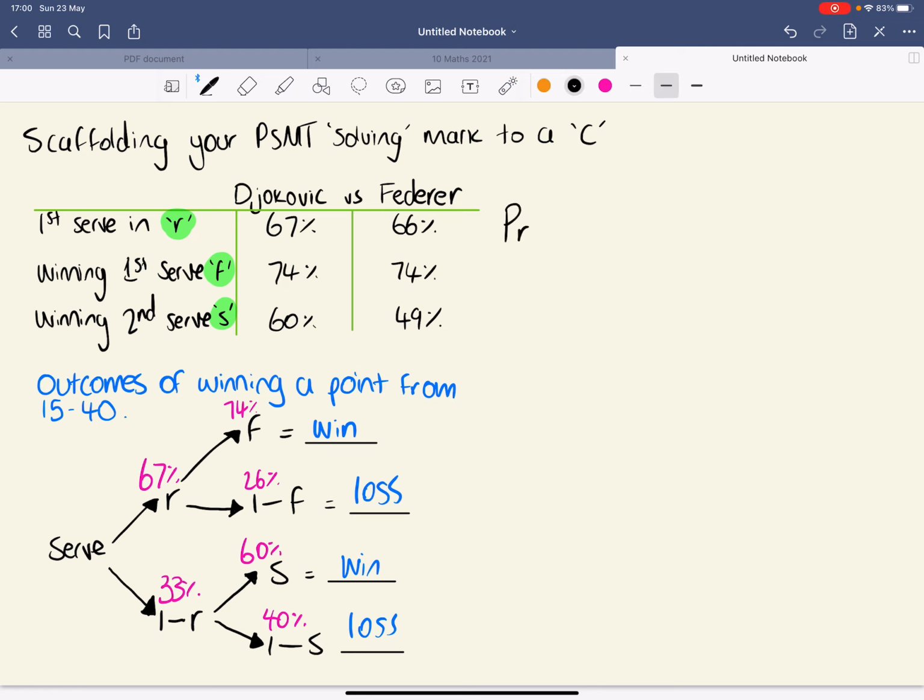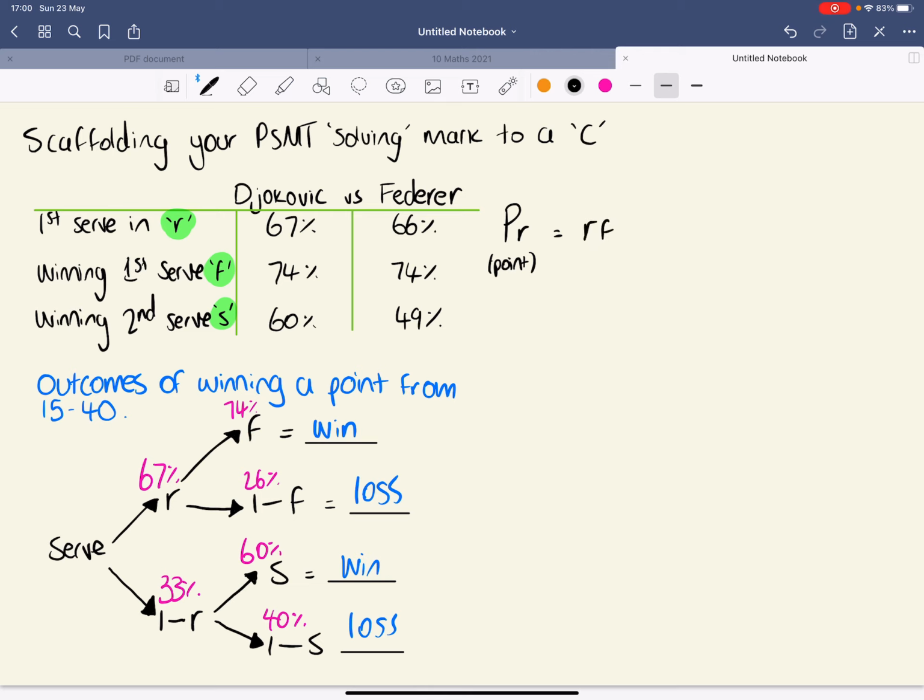The probability of actually winning a point. So you can write winning a point or you can just write point below. And this is how I'm going to do it. The probability of a point, okay, is going to be equal to R multiplied by F, or just RF.